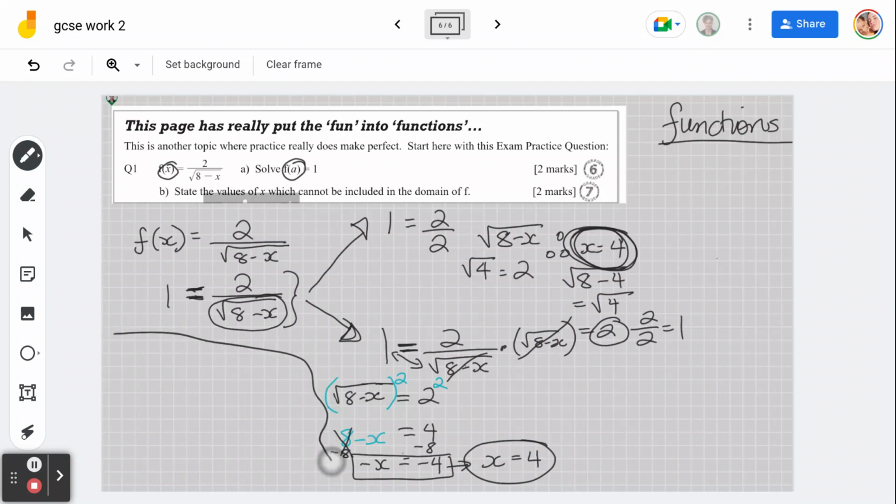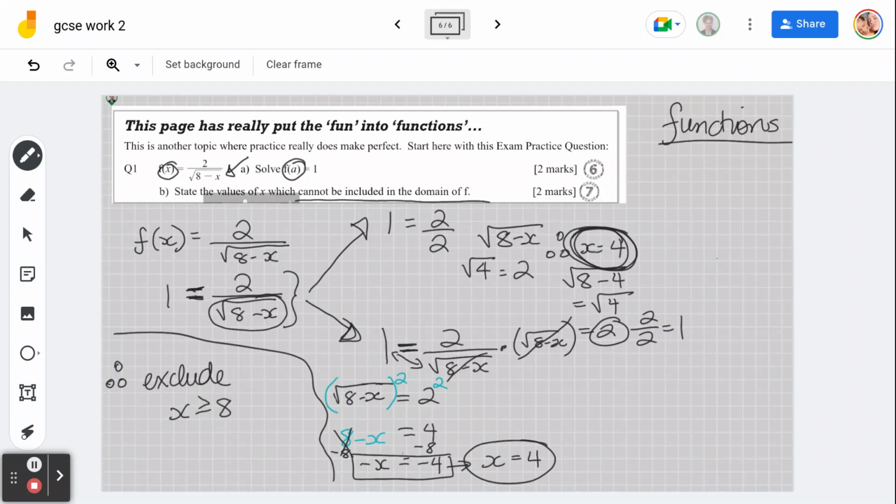B, what can't the values include? So we know we cannot have a 0 on the bottom, nor can we have a negative number. So therefore, we know we have to exclude numbers where x is greater than or equal to 8.